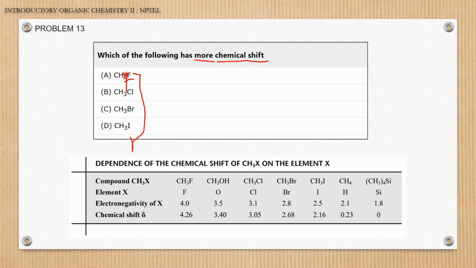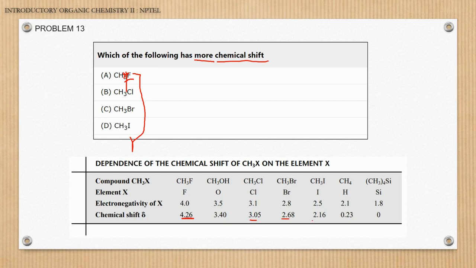If you go to option D, iodide is not that electronegative, so the hydrogen is not that electron deficient. Here the electronegativity trend plays an important role in identifying the chemical shift of the proton. Due to the higher electronegativity of fluorine, you will get a chemical shift value of 4.26 for this particular proton. It goes that much de-shielded, then chlorine, then bromine, and then iodide.